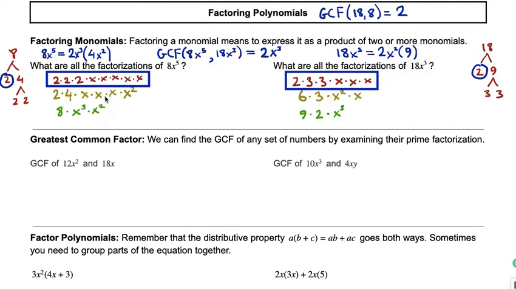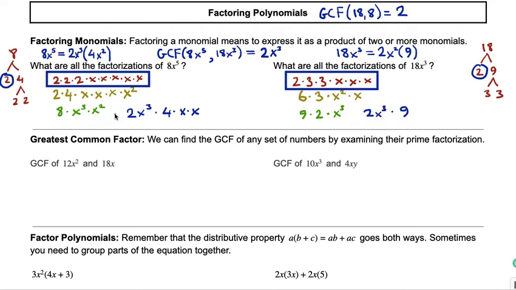So what we could have said here is the useful factorization of each of these is actually 2x cubed, right? Times whatever the rest is. So times 4x squared, and in this case, this last one right here, 2x cubed times 9.